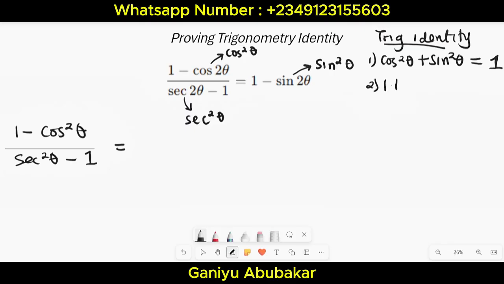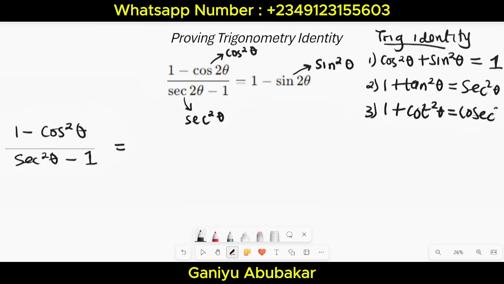Number 2, 1 plus tan squared theta is equal to sec squared theta. You should know this. The third one, finally, is 1 plus cot squared theta is equal to cosec squared theta.